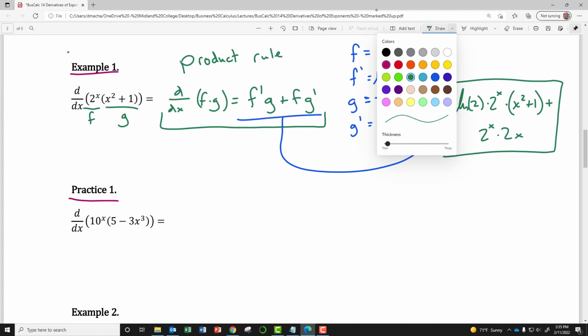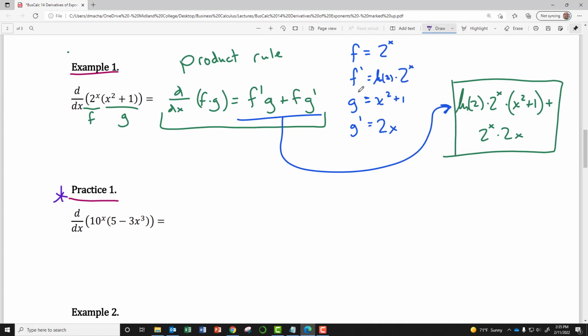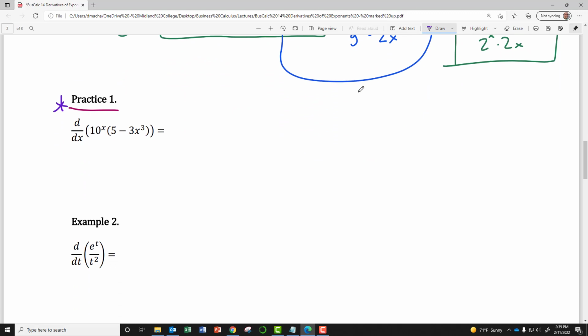So at this point, I'm assuming you've worked the problem on your own, and I'll show you the solution to practice 1. Well, this is going to be my f function, and this will be my g function. And so whenever I write f prime g plus fg prime, f prime should be natural log, that's ln, of 10 times 10 to the x.